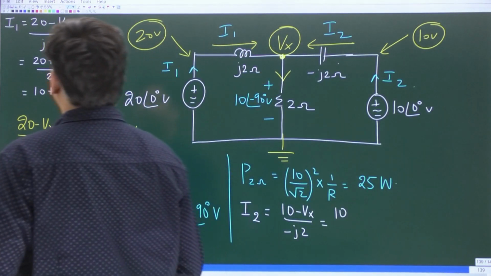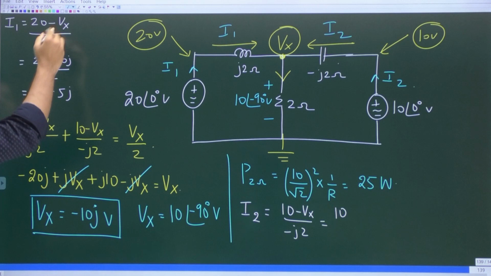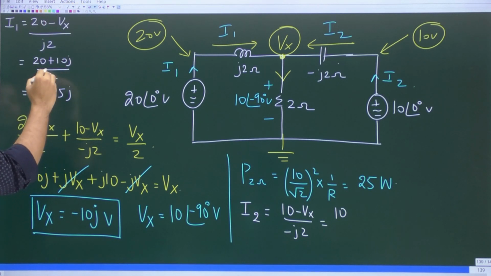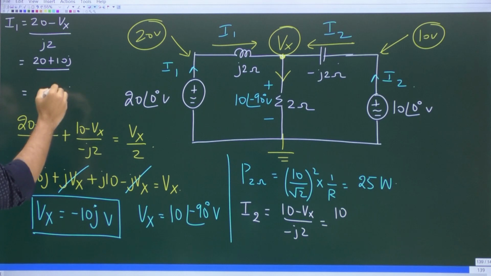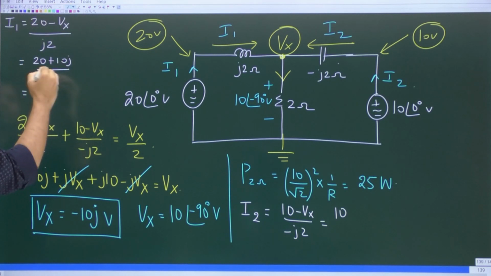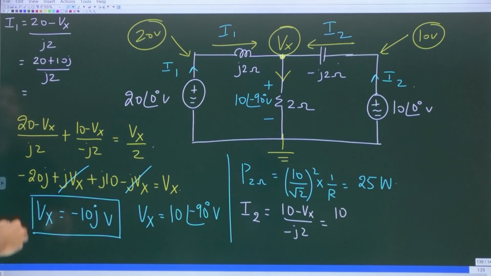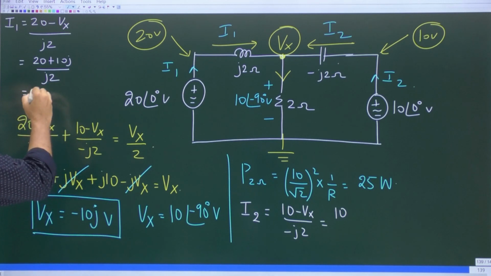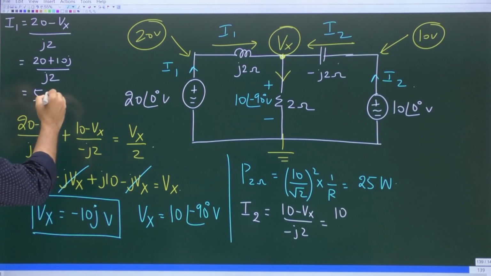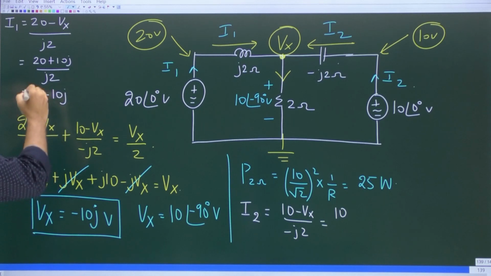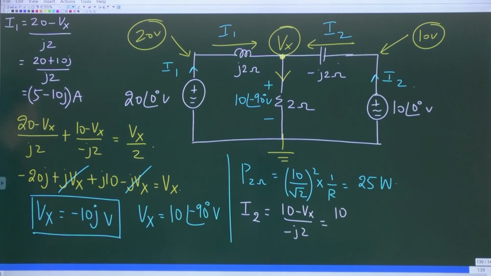I think here I missed J. Sorry, 20 plus 10J divided by impedance J2. 10J by 2J, J and J will get cancelled. 10 by 2 is 5. And 20 by J2 is 10 by J, which is minus 10J. So I1 is 5 minus 10J.